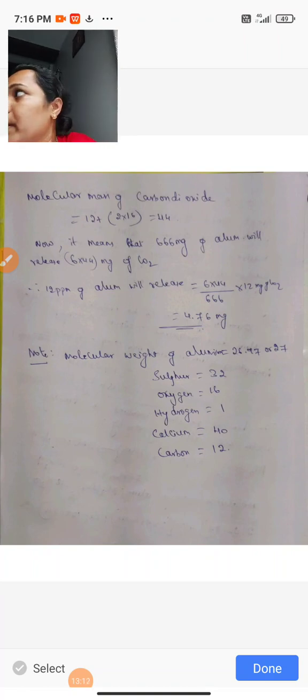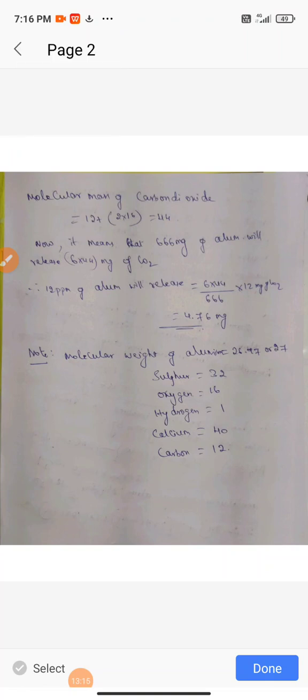For aluminium, what is the aluminium molecular weight? The aluminium molecular weight is 27, or it is 26.97. And the oxygen molecular weight is 16.